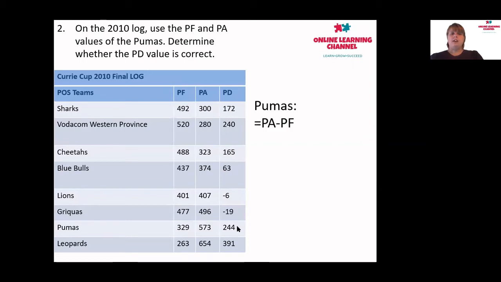The formula says PF minus PA, and that's going to give you PD. So there's my Pumas information. My PA is 573 and my PF is 329. Subtract the two from each other and you should get an answer of 244.